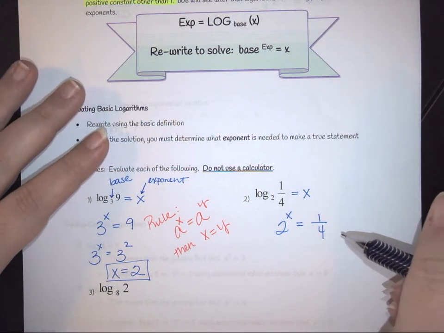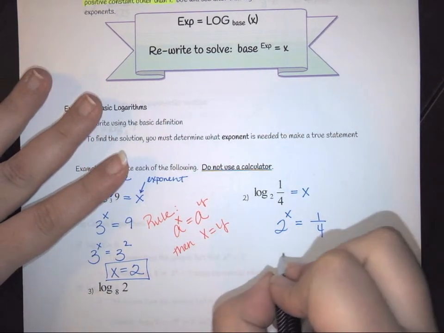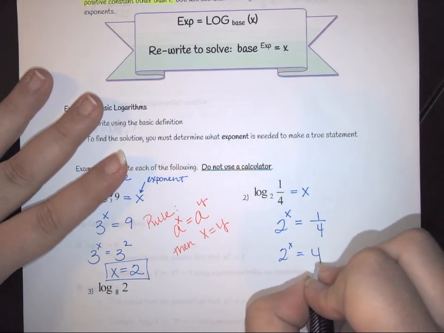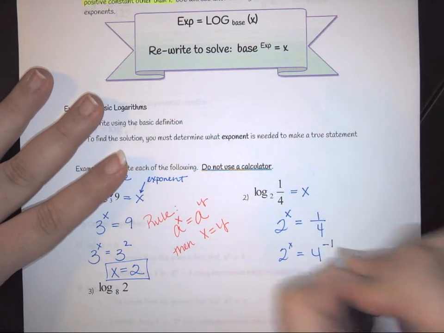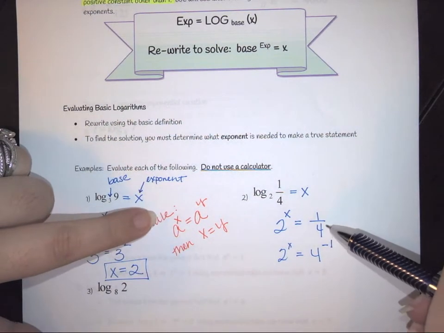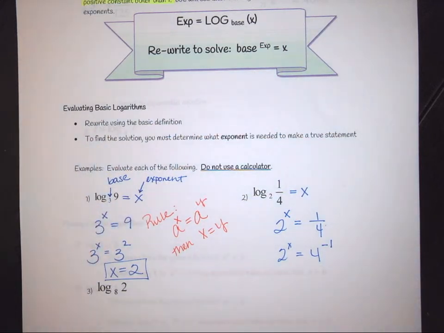What we have to remember here is that this is the same as saying 2 to the x is equal to 4 to the negative first power. My power here is positive; in order to make it negative, we have to flip it to the top.